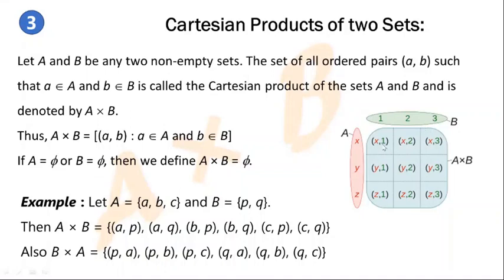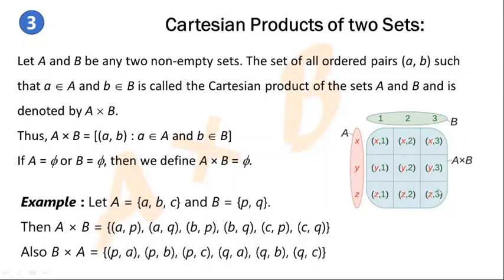In the first cell we have (x, 1) because we have to find A cross B, the Cartesian product of A with respect to B. Next, the second cell in the first row we have (x, 2), then (x, 3) in the second row. First element we have (y, 1), (y, 2). Likewise, we may prepare the ordered pairs by using table format also.